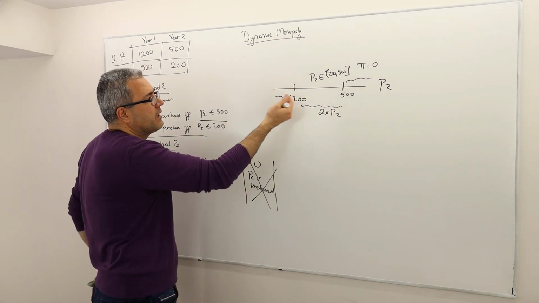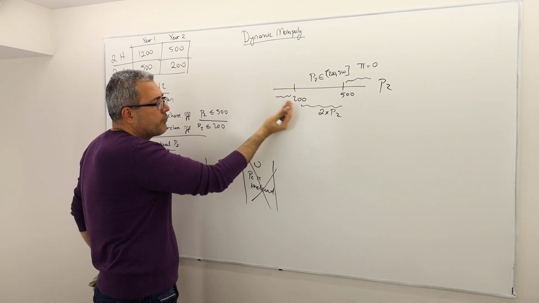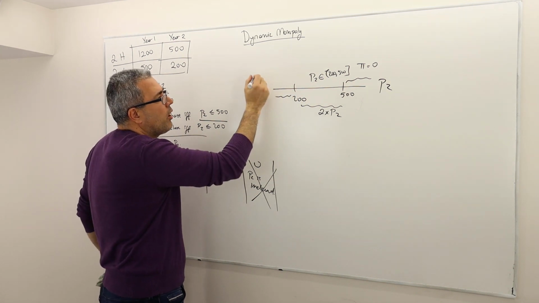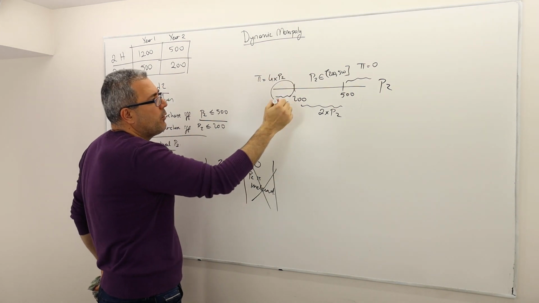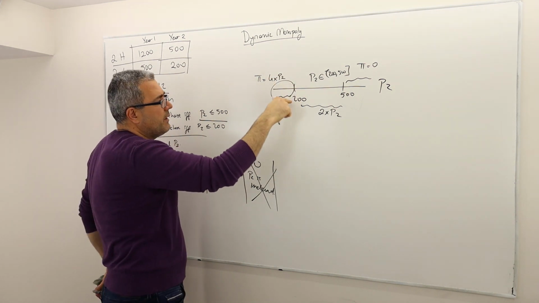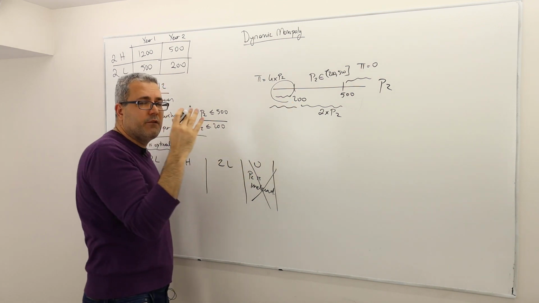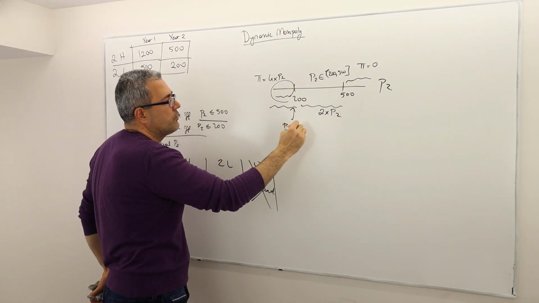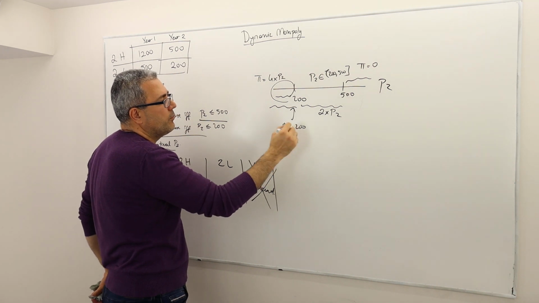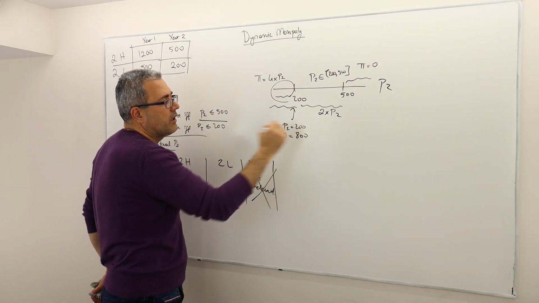And if the price is less than 200, the profit is going to be 4 times P2, but P2 is at most 200. So if you charge a price of 200, the profit is going to be 200 times 4, $800.